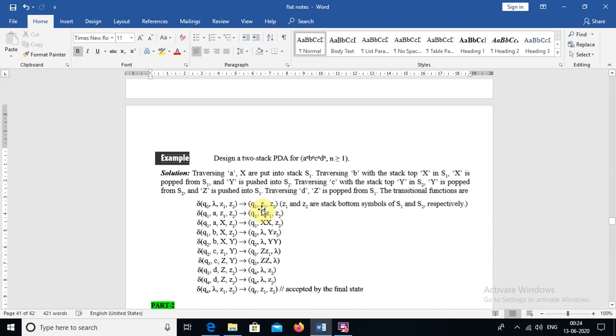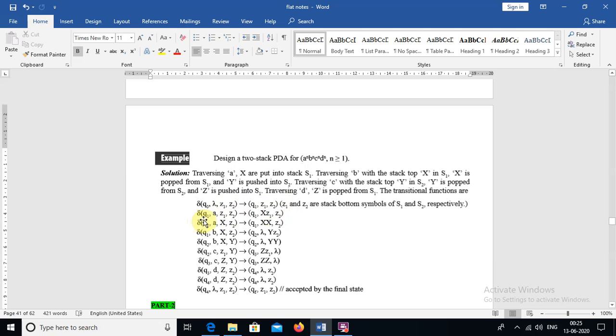and you can push Z1 into the S1 stack and Z2 into the S2 stack.